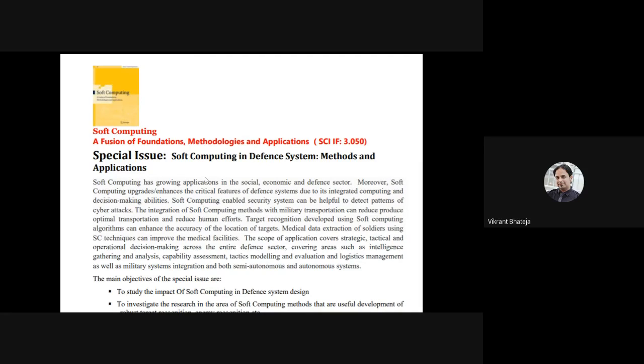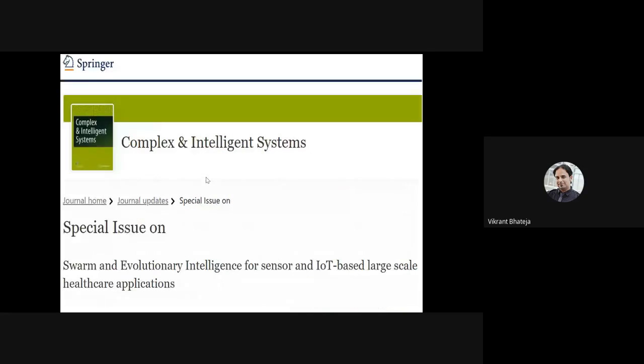Okay. Thanks, Pawan. Just two slides more to show. It is a call for papers advert for certain special issues that my collaborators and I are handling. If anybody from the audience is interested and has research papers in those domains, they can submit to these special issues. One is Soft Computing, an impact factor 3 journal, on soft computing in defense systems, methods for application.